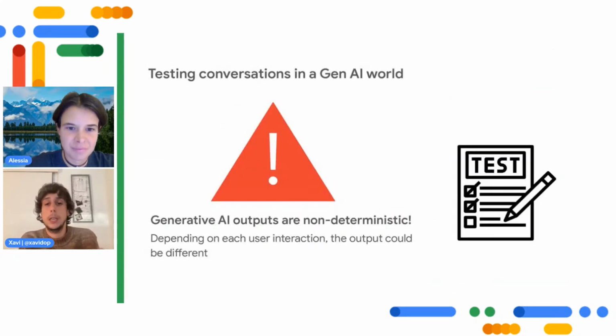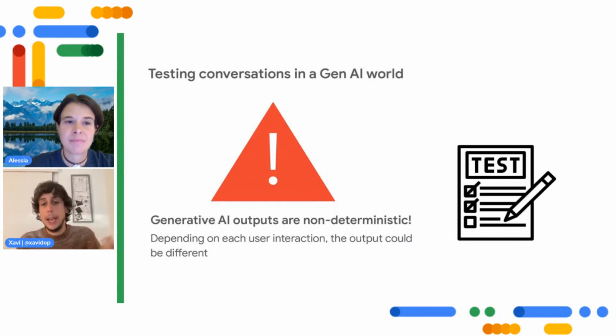Now that we are talking about best practices, another thing that we have to know is that testing conversational agents in the Gen AI world is going to become a little bit more complex. Why? Because the generative AI outputs are non-deterministic.